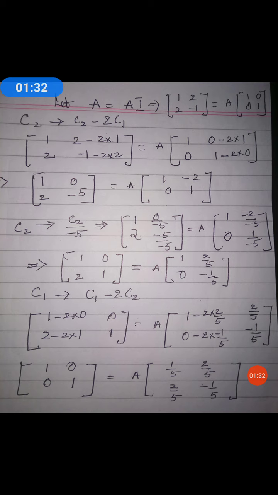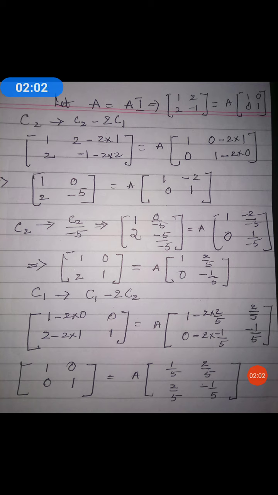So what we get? 2 minus 2 into 1, that is in column 2, the a12 element I applied. Come to a22: the element is minus 1, minus 2 into C1. What is there in C1? 2 is there. That is equal to A into, applying the same operation on the right hand side to the identity matrix. In column 1 there will not be any change.